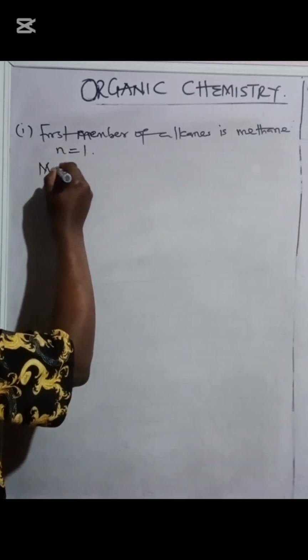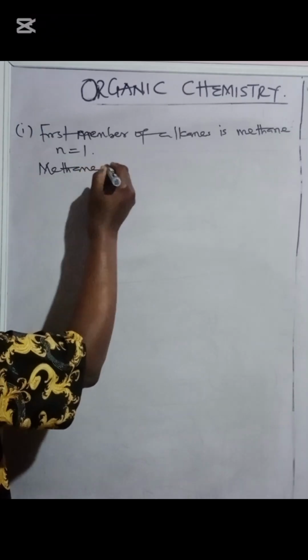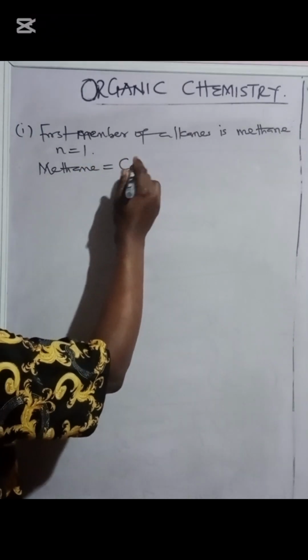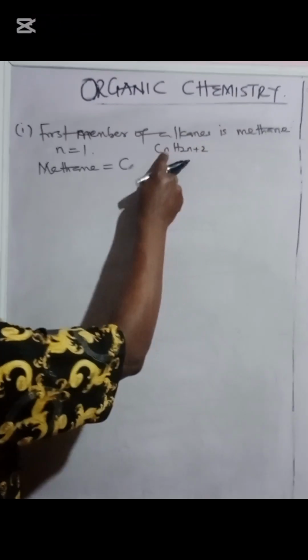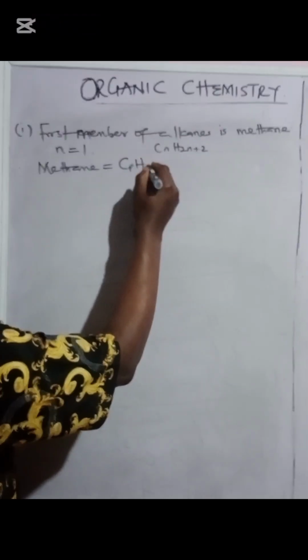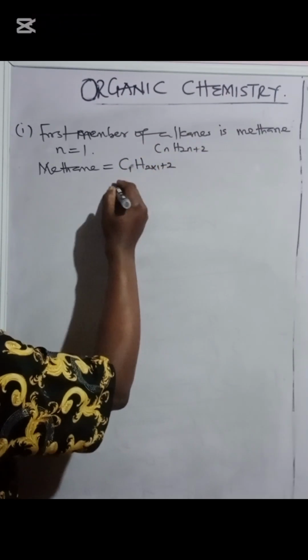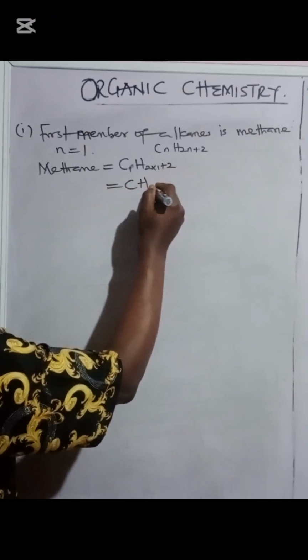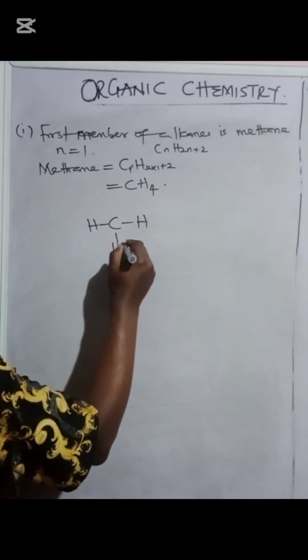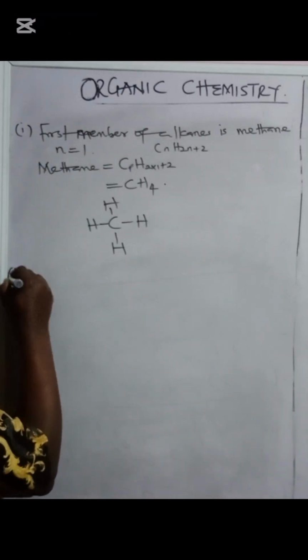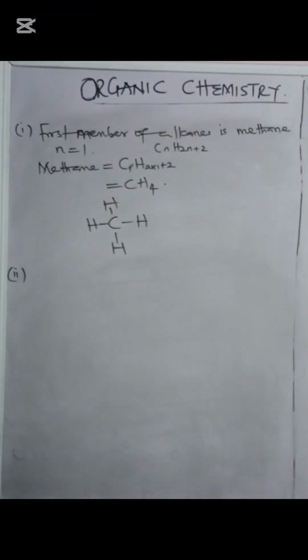The molecular formula of methane will be, remember the formula CnH2n plus 2, put 1 here to be C1, H2 times 1 plus 2, CH4. Structurally, it is written with H here, H here, H here, H here. So this is the structure of methane. So the first member of alkane is methane.